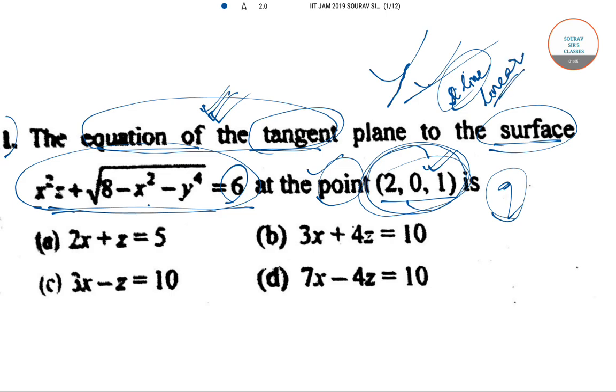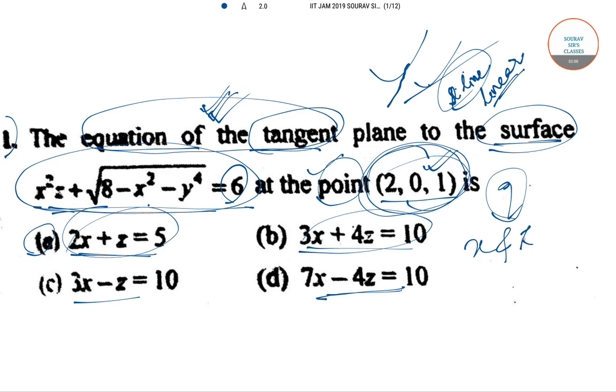You can see that in options A, B, C, D, all the equations given are linear and depend only on two variables, x and z. So the y part given here must vanish during the course of the solution.